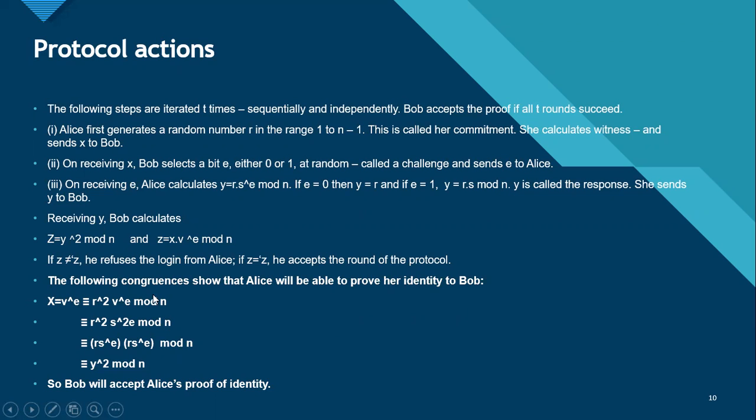The following congruence shows that Alice will be able to prove her identity to Bob.